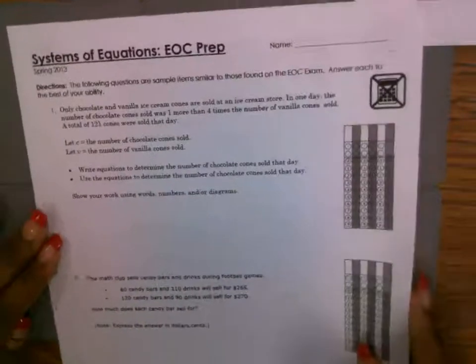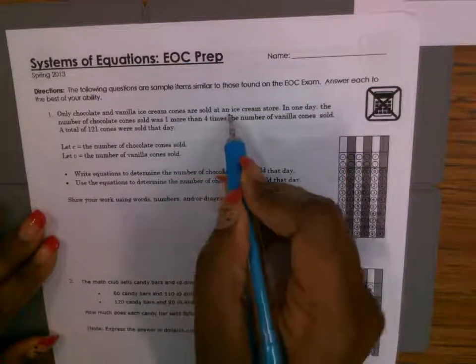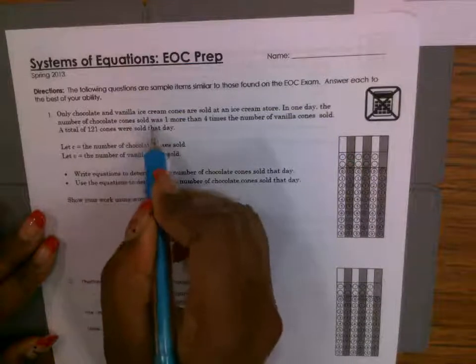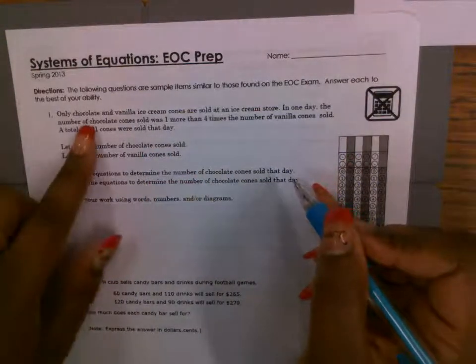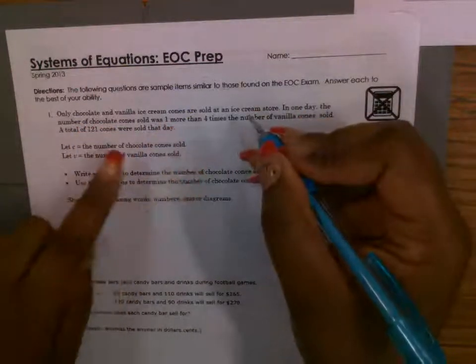It says, number one, only chocolate and vanilla ice cream cones are sold at the ice cream store. In one day, the number of chocolate cones sold was one more than four times the number of vanilla cones.